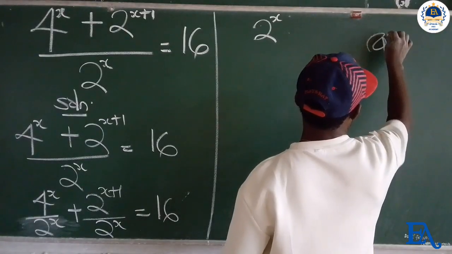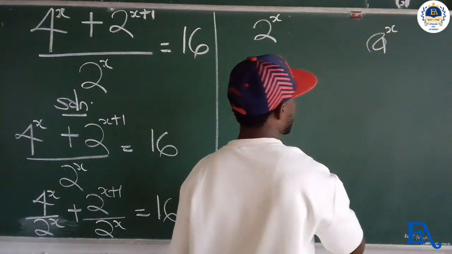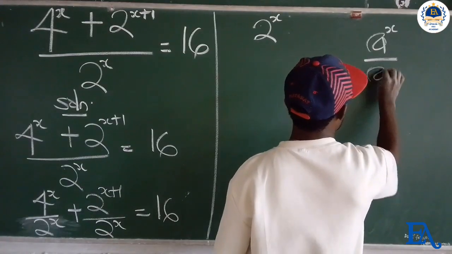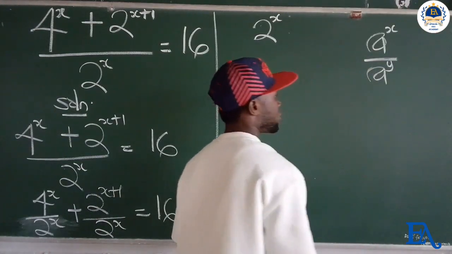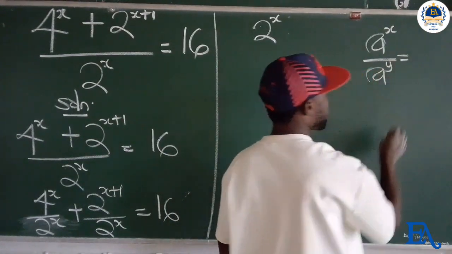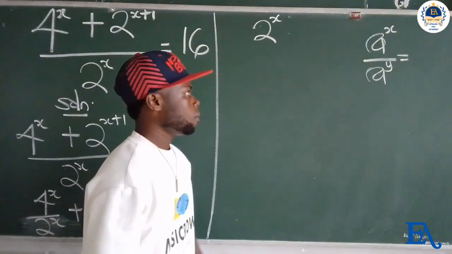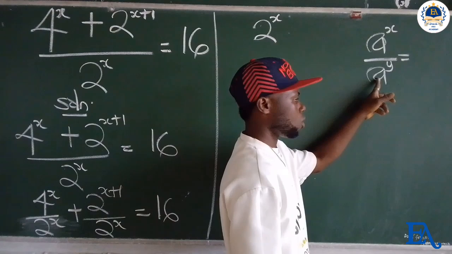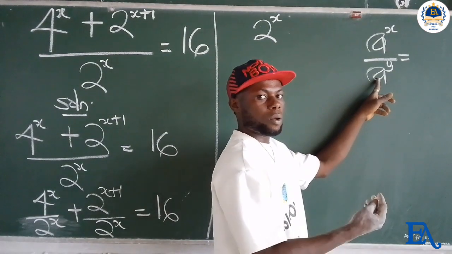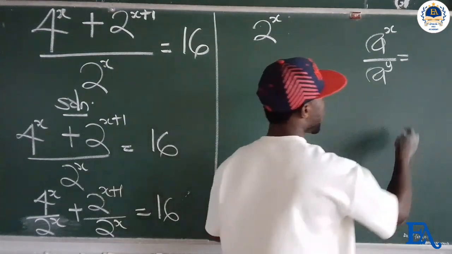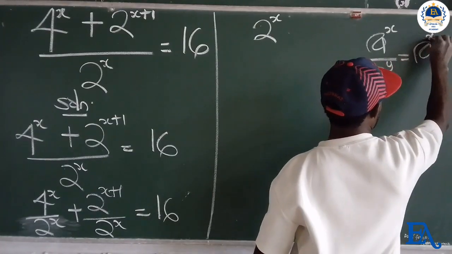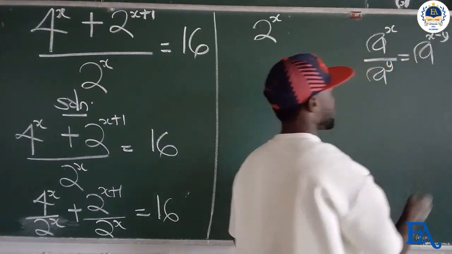if A is raised to the power of x divided by A raised to the power of y, the result becomes, because A and A is occurring here and they are the bigger number called the base, then it will become A raised to the power of x minus y.